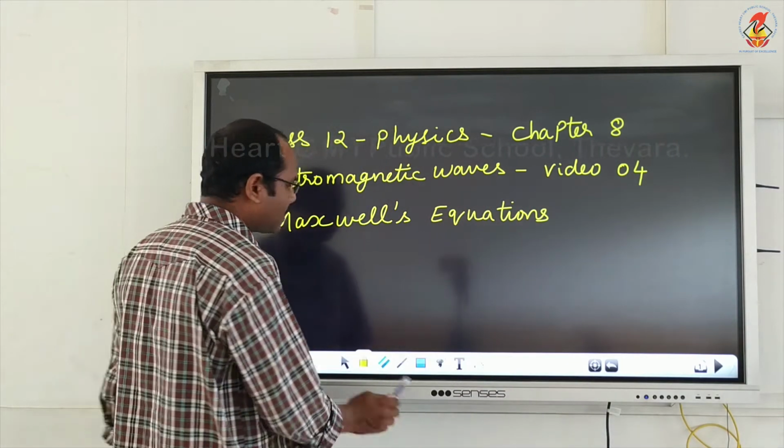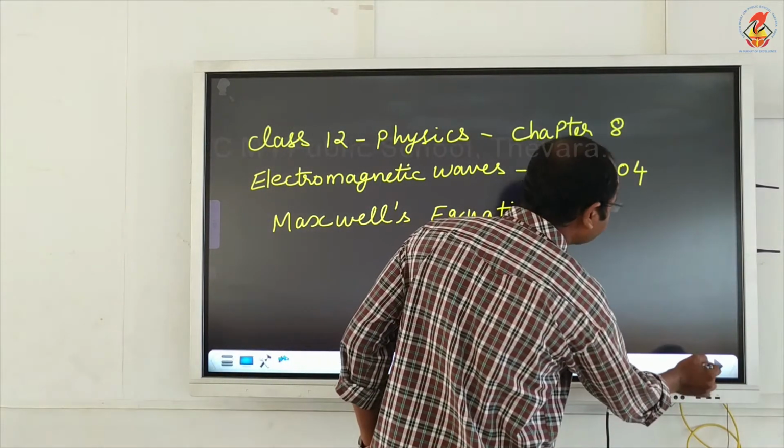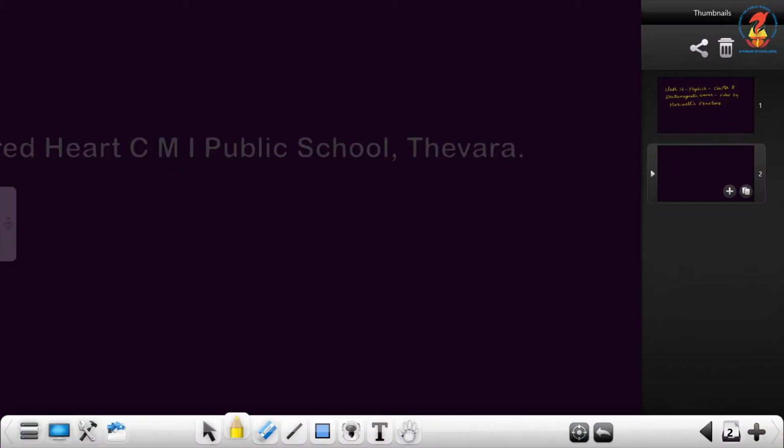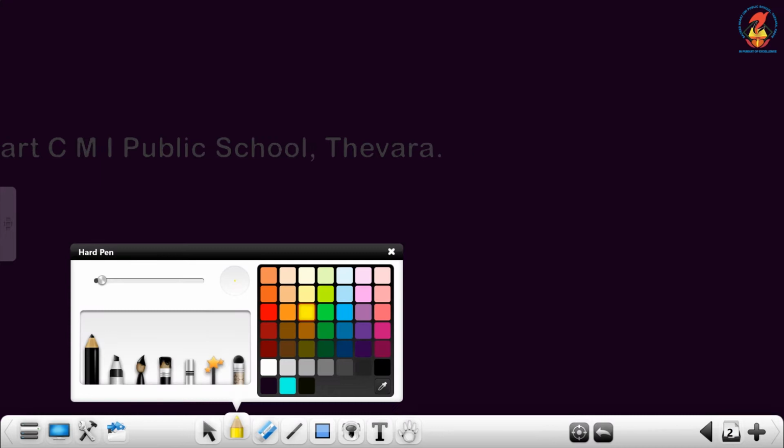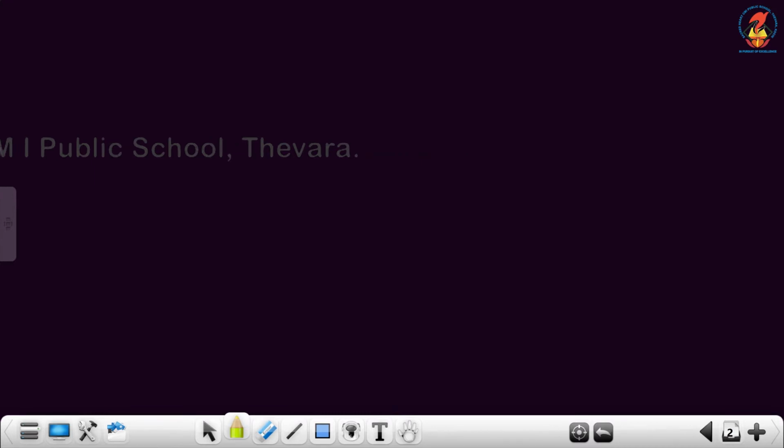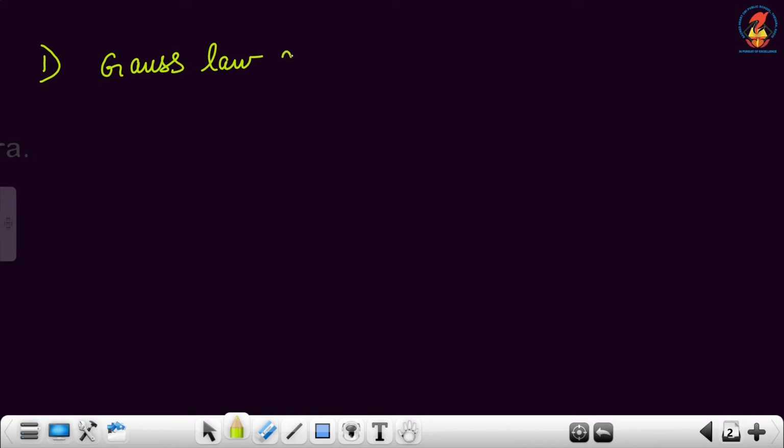The first Maxwell equation is Gauss law in electrostatics.